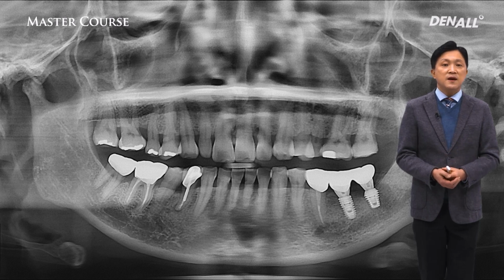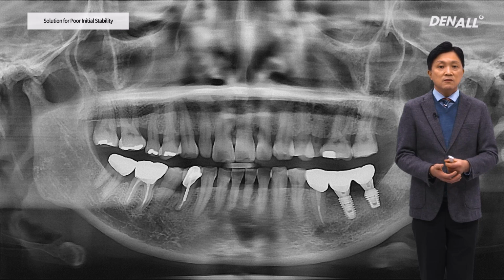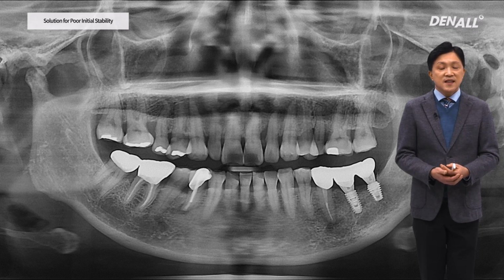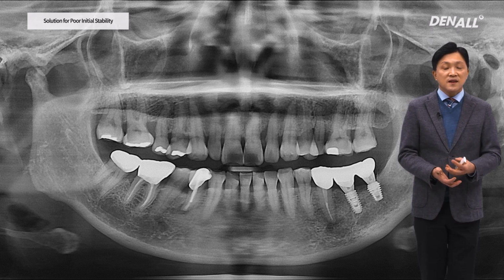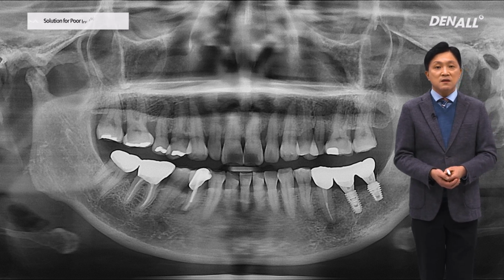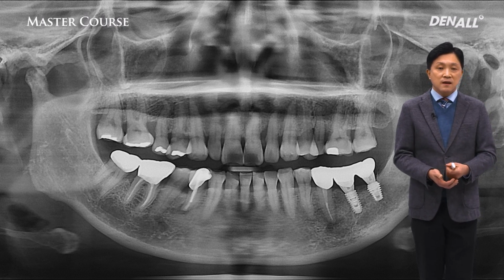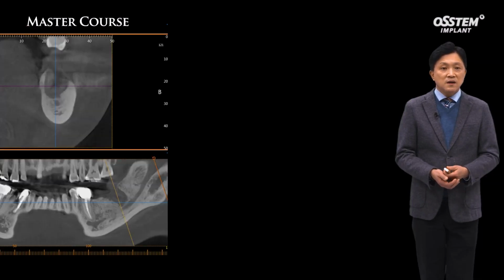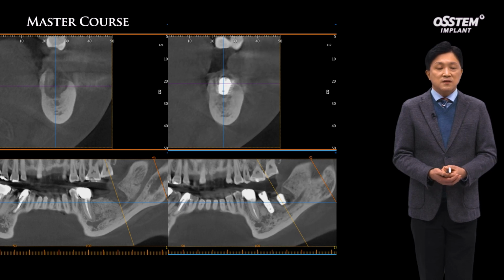So as you can see here, at the number 37 implant, if you look at the distal aspect, there is a lack of ossification. There is a difference in terms of blackening. Over time, the difference in the blackening disappears and bone is regenerated.